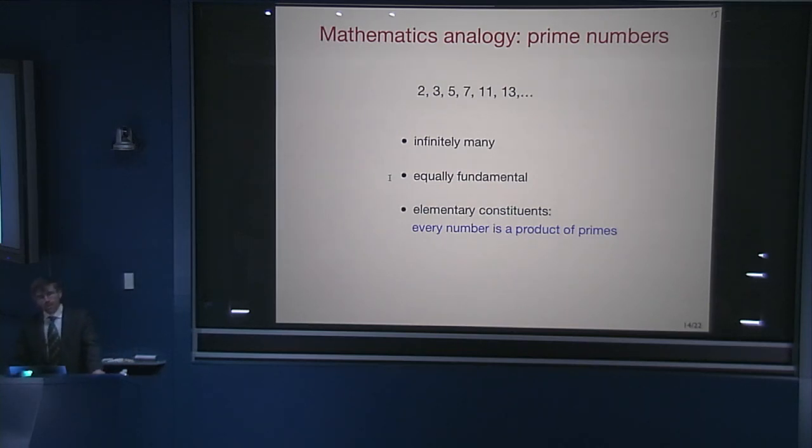But in mathematics, it's actually not so weird, because there are many objects in mathematics which work analogously. Perhaps the simplest of them: if you take all the prime numbers, there are infinitely many, they're all equally fundamental, and they do not come piecemeal. You cannot easily imagine a sensible theory in which you throw out some of these prime numbers or take just a few of them.